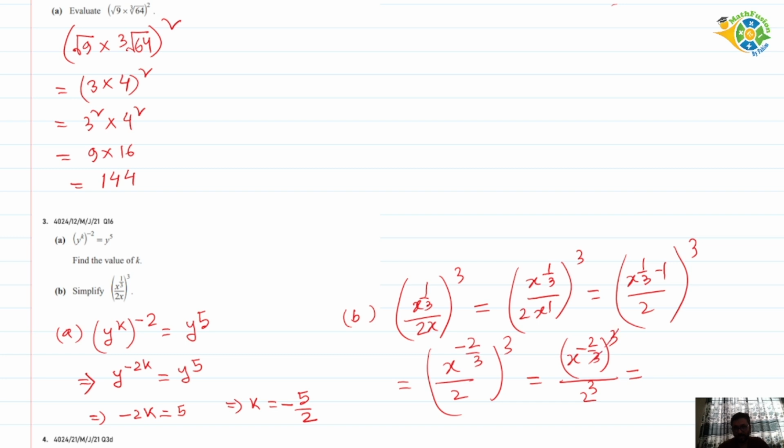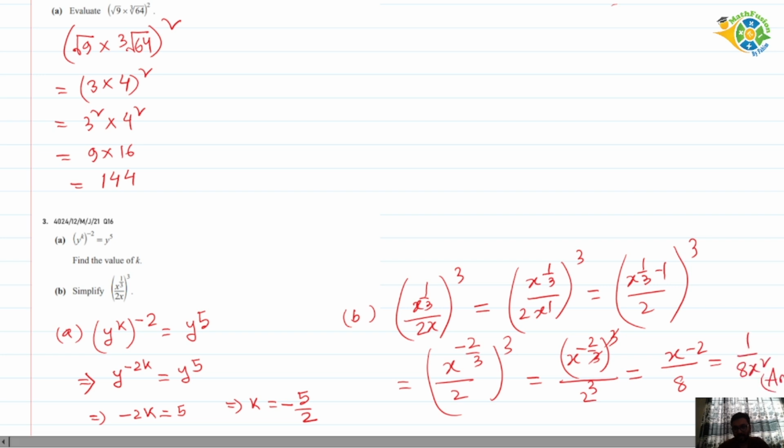Power of a power will be multiplied, so x to the power minus 2. So the final expression will be 1 by 8x squared. So this is our answer. As the power is in negative form, we can write it as a reciprocal with positive power.